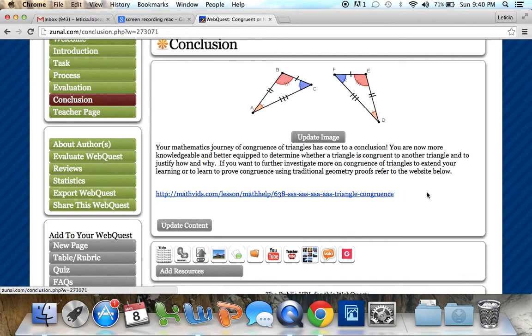You used patty paper investigations to do this. However, if you want to extend your learning, you can use traditional geometry proofs to prove congruence of triangles, and you can go to this website to do that.